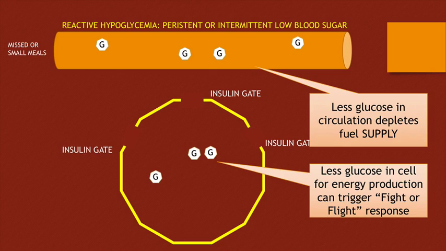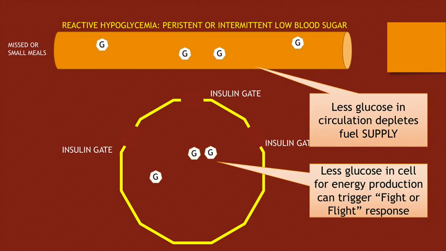But if you're missing meals consistently, or maybe you eat consistently, but you're just not eating enough throughout the day or at any one given time, it decreases the supply of fuel that's available for your cells to create the functions that are underlying whatever that system is.